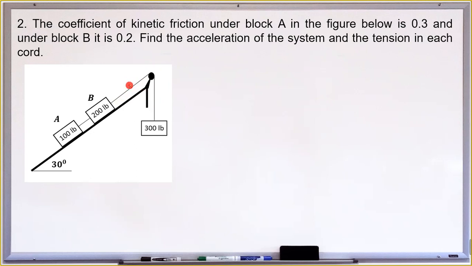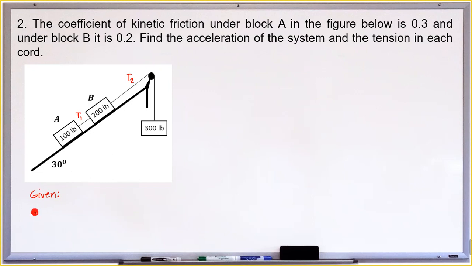So we can let this one as T2, that is for the second cord, and let's consider this one as T1 for the first cord. Okay? So we have two tensions, and these are unknown, and these are among the requirements. Again, let's just write the given first.